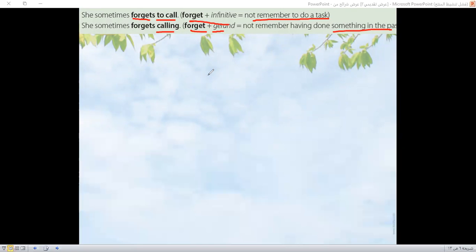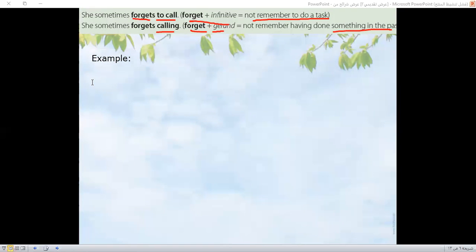She sometimes forgets calling us, or she sometimes forgets calling her parents. But when I say she sometimes forgets to call, now I focus on the task itself, that it hasn't been done because she forgets that. Clear, Thalith? It's just the opposite, in meaning, of remember.